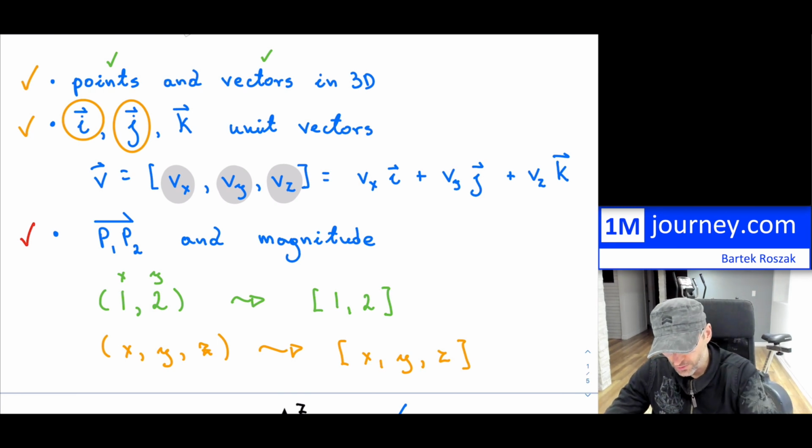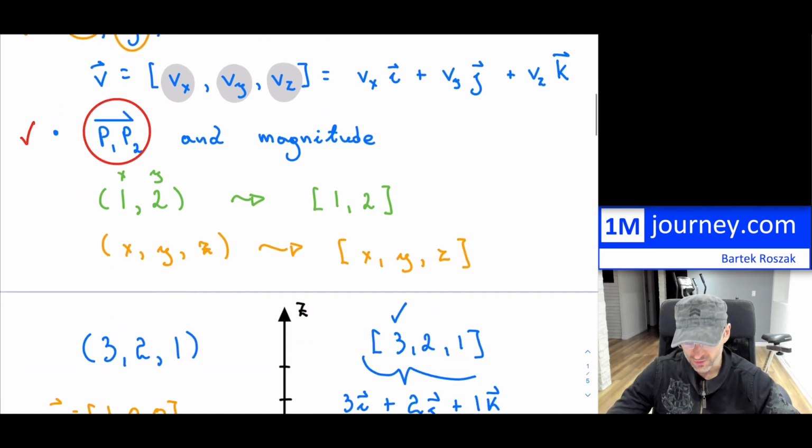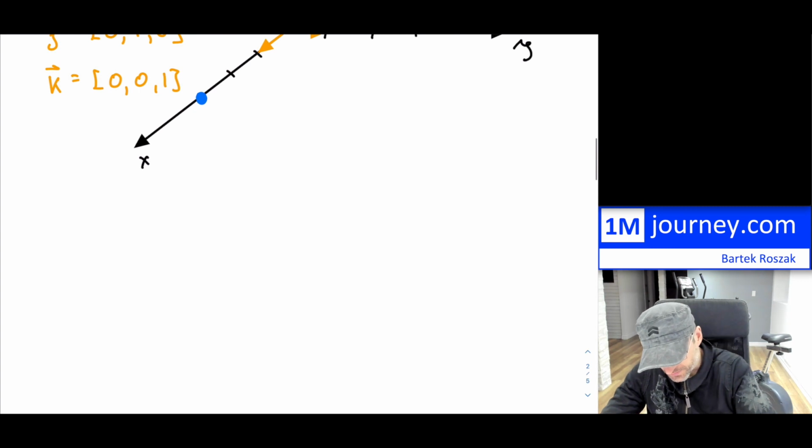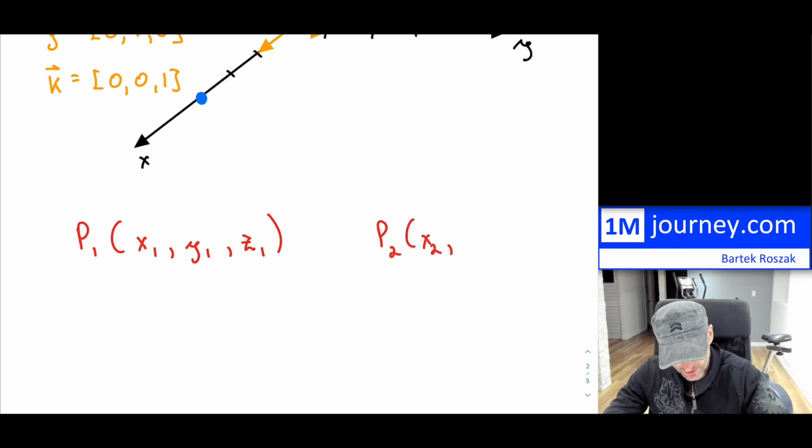Now, the last component, in terms of something that you should be aware of, is if you are given 2 points, and you want to find the vector in between those 2 points. So let's say this is point number 1, so let's make this x1, this is going to be y1, it's going to be z1, so that's point 1, and let's make this point number 2, I'm going to call this x2, y2, and then finally z2, so those are my actual points.